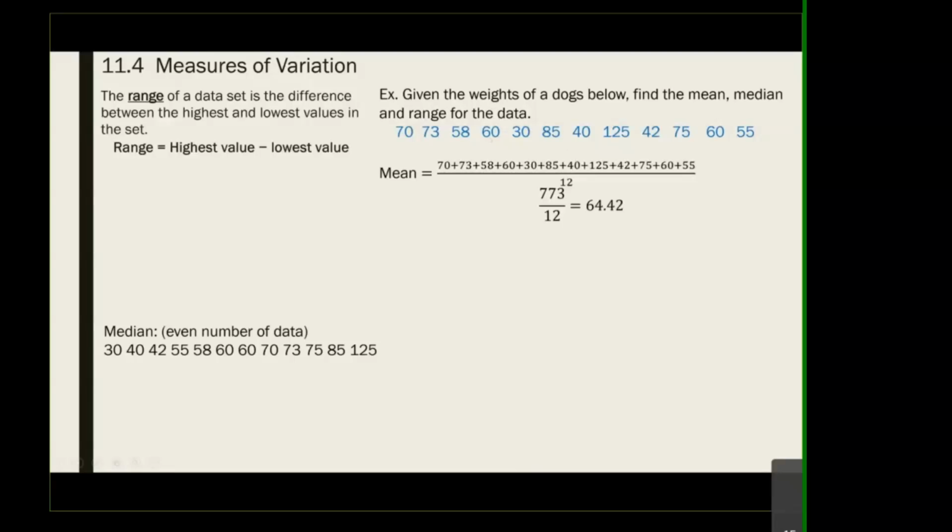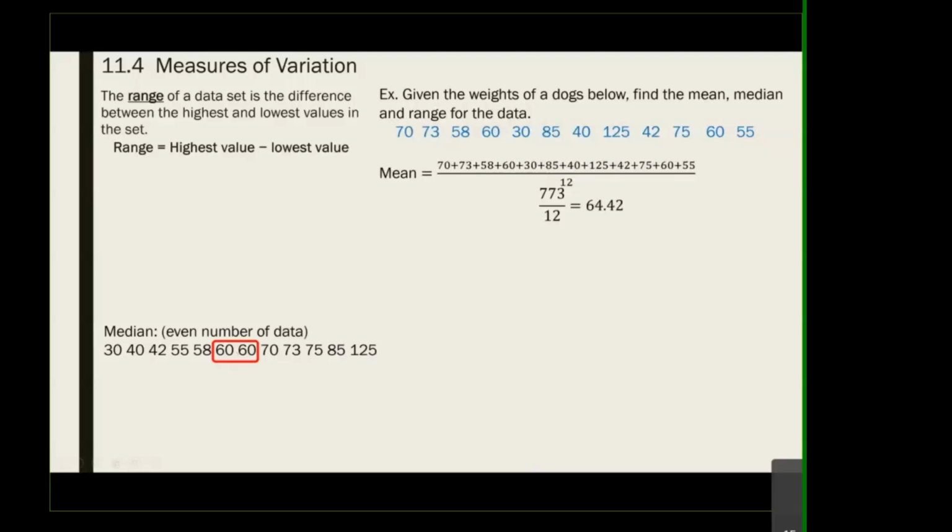So the first thing is you need to put them in order, and basically you just cross out, move toward the middle. In this case, if you keep on crossing the 30 and the 125, the 40 and the 85, and so on and so forth, you end up with the last 2 numbers, or the middle 2 numbers. And the middle 2 numbers are 60. So again, the median here is 60, right?